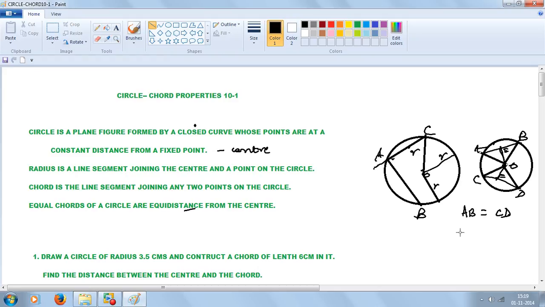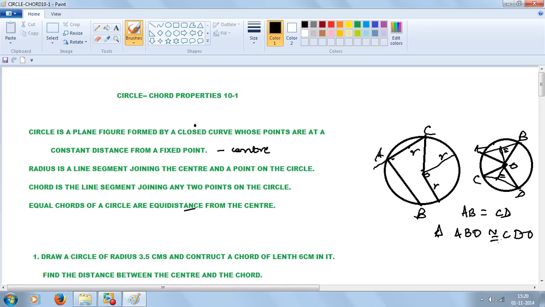So let us consider the two triangles ABO and CDO.